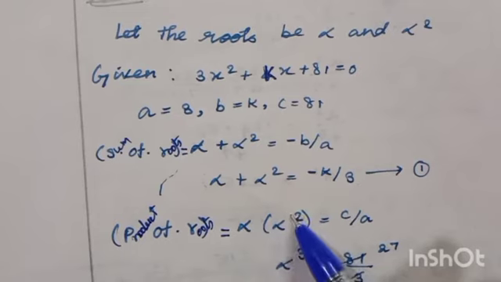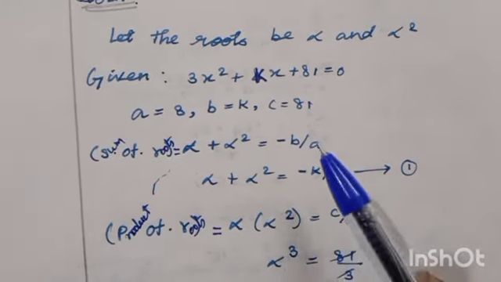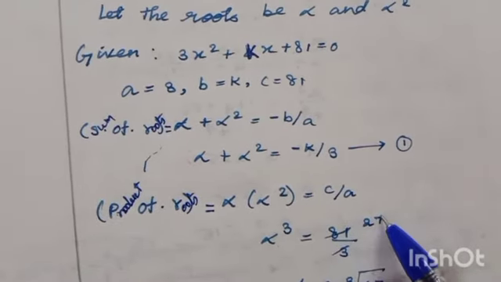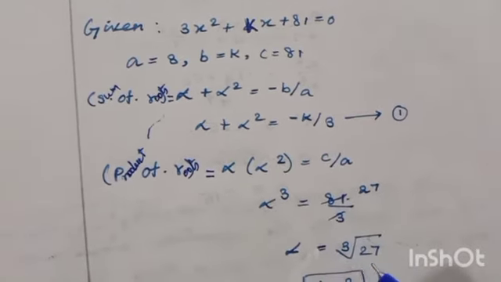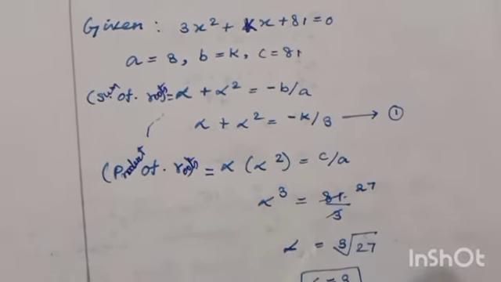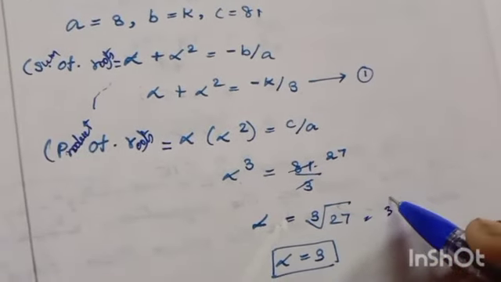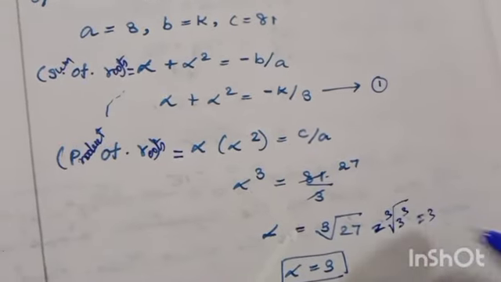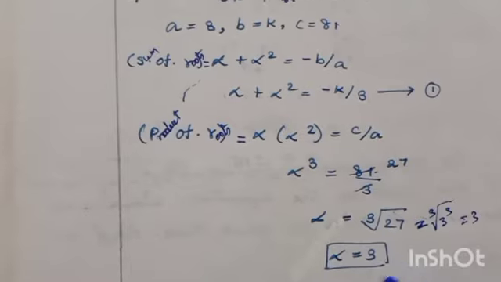So alpha into alpha square, alpha cube is equal to c value 81 by a value 3. 3 27s are 81. So alpha is equal to cube root of 27, that is equal to 3. Anybody have a doubt? It is 3 cube, cube root of 3 cube becomes 3. So alpha is equal to 3.